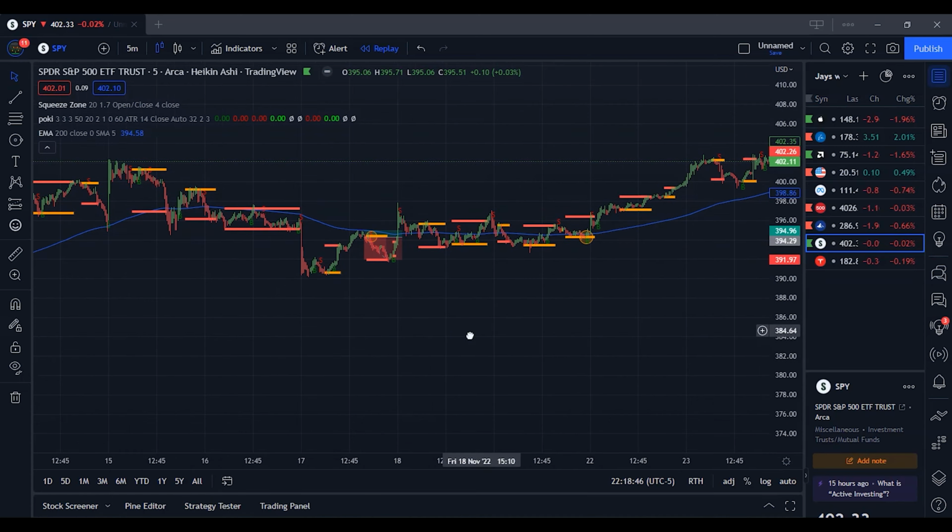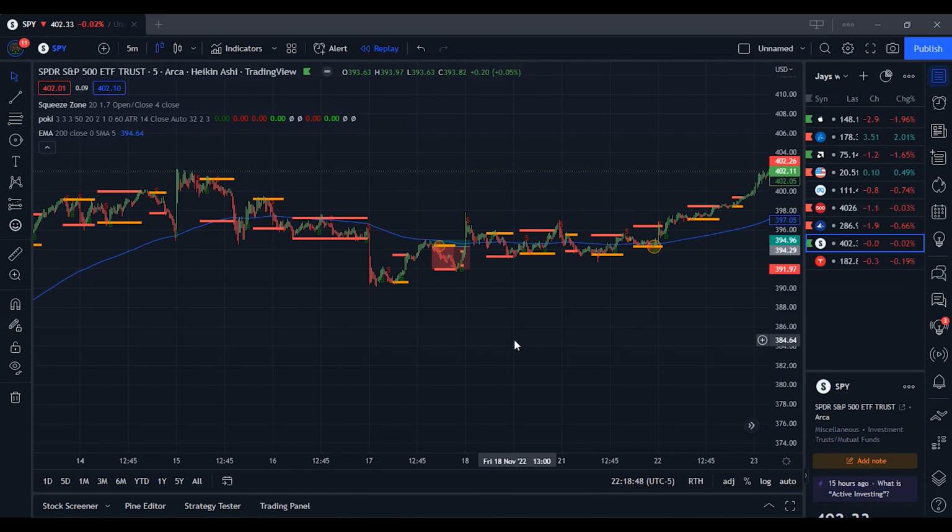So like I said, very simple, very simplistic. You can add a bunch of different confluences. Just make sure these confluences are back tested. Don't just throw up any random buy and sell signals, any random oscillators at the bottom, RSIs, MACDs. Make sure these are tested. Make sure they work accurately with an indicator like this. One thing about a lot of these indicators is they usually work in trending markets.